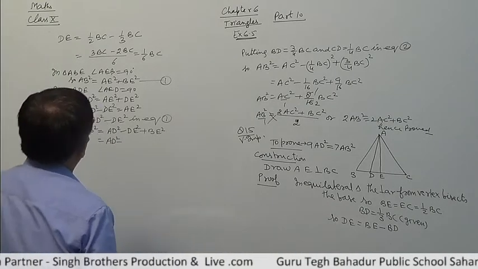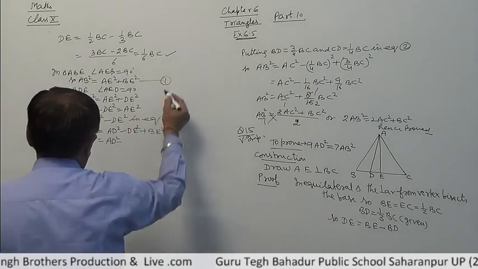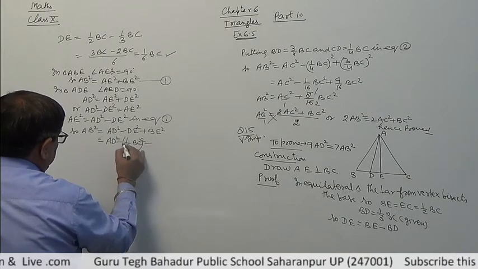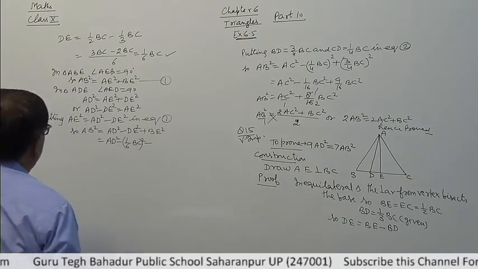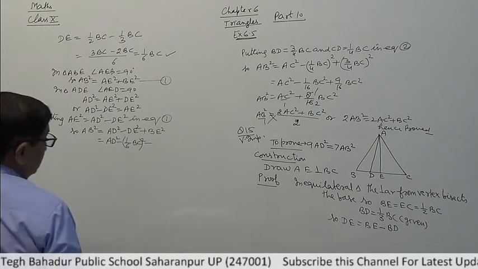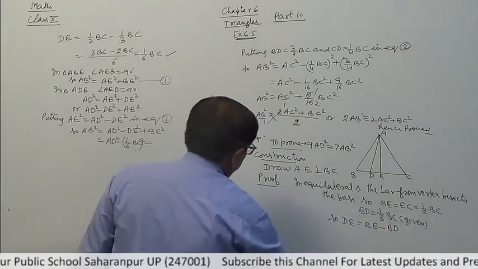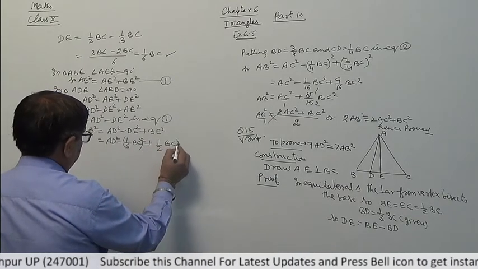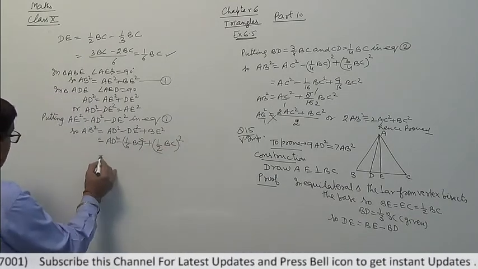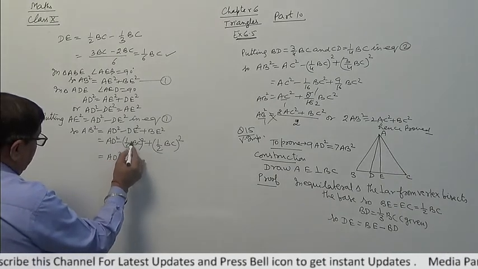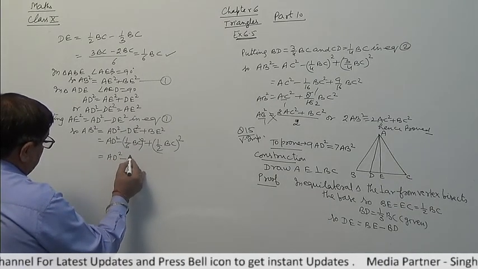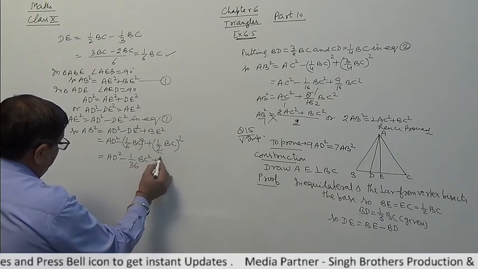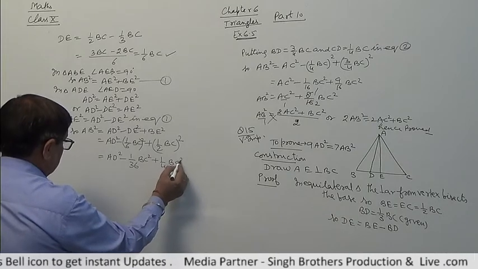DE is 1 upon 6 BC. BE is 1 upon 2 BC. So AB square is equal to AD square minus 1 upon 36 BC square plus 1 upon 4 BC square.